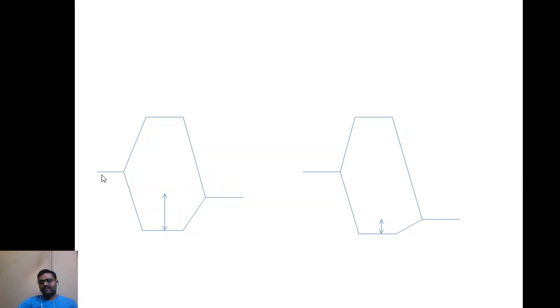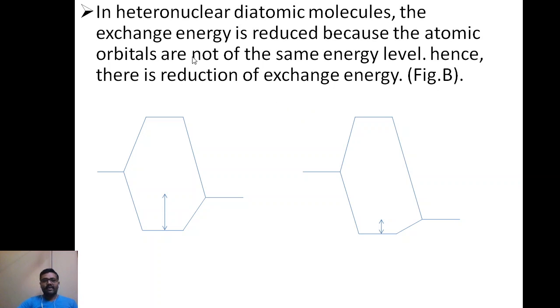This is the heteronuclear diatomic molecule shown diagrammatically, with different atoms of different electronegativity. In heteronuclear molecules, the exchange energy is reduced because the atomic orbitals are not of the same energy level. Hence there is a reduction of exchange energy.